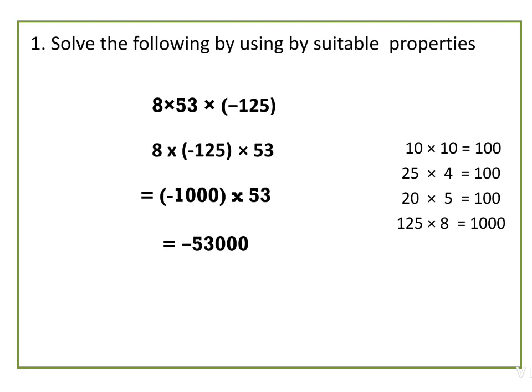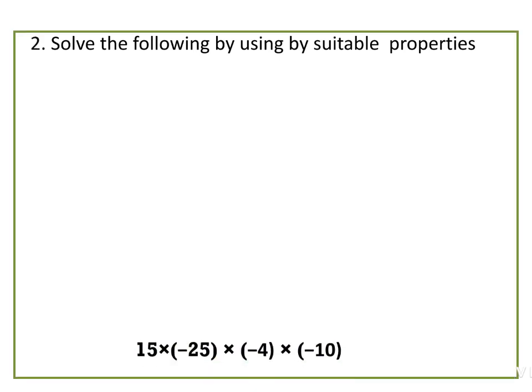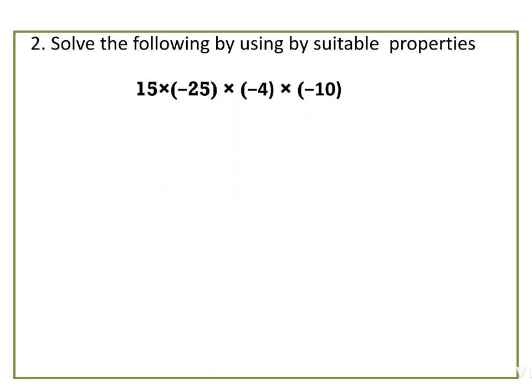Okay. Next one: 15 into -25 into -4 into -10. Here 25 into 4, we know, is 100. So we group them. First we write 15 and -10 together: 15 into -10 into -25 into -4. 15 into -10 we know is -150.